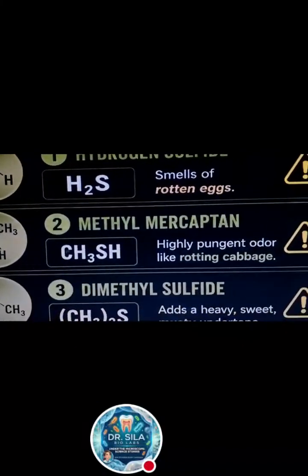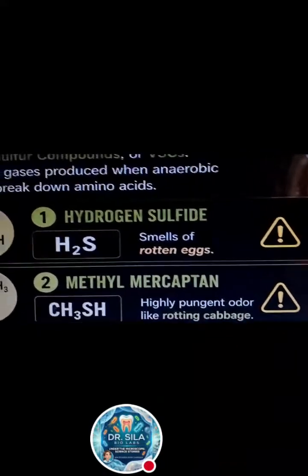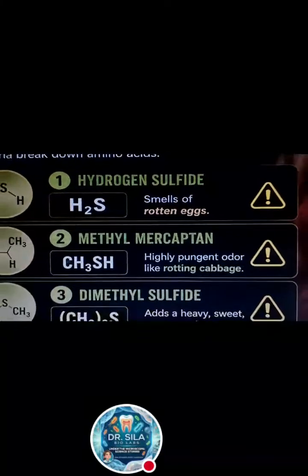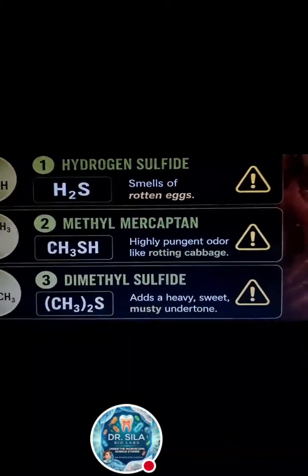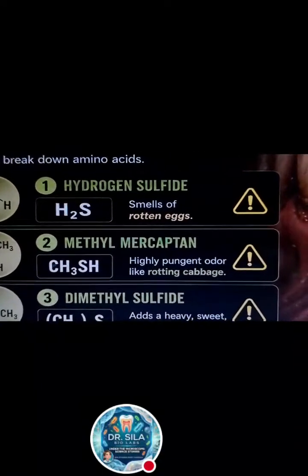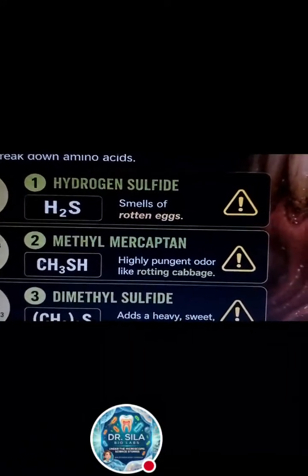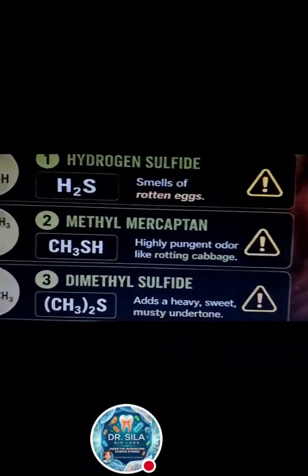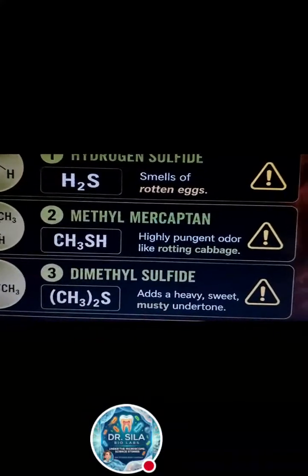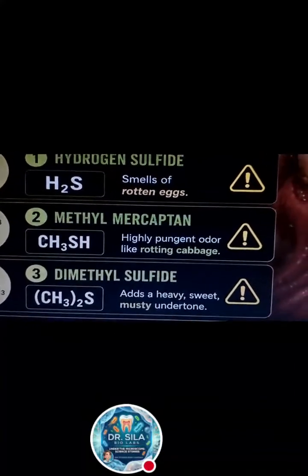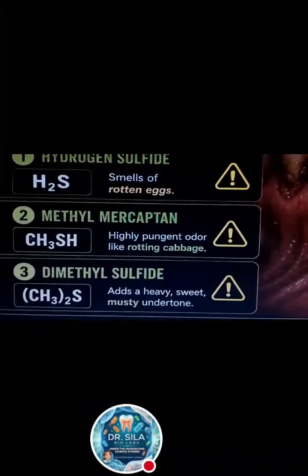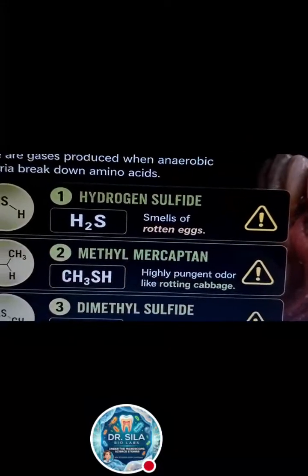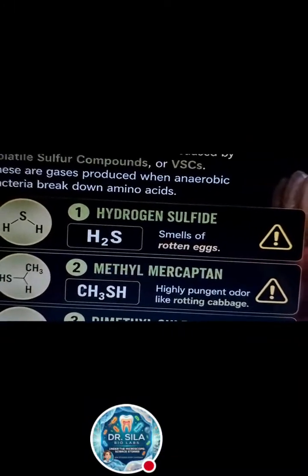Hydrogen sulfide, methyl mercaptan. Now, hydrogen sulfide smells like a rotten egg. Methyl mercaptan has a pungent odor, just like rotten cabbage. Oh, yuck. And then dimethyl sulfide adds a sweet, heavy, musty undertone. That leads to bad breath.